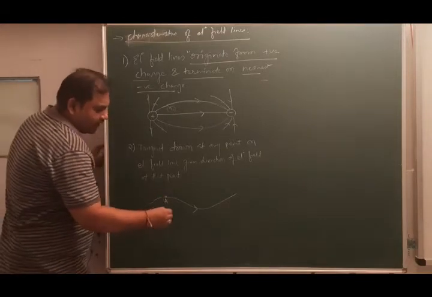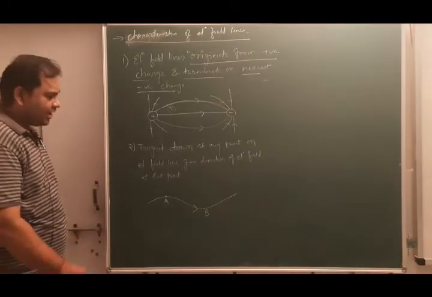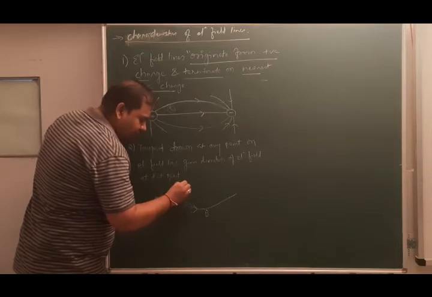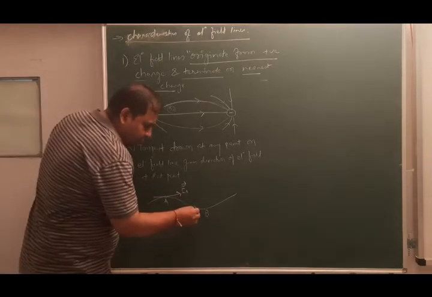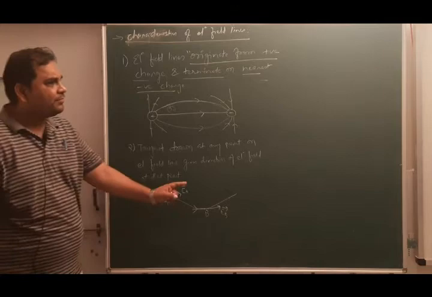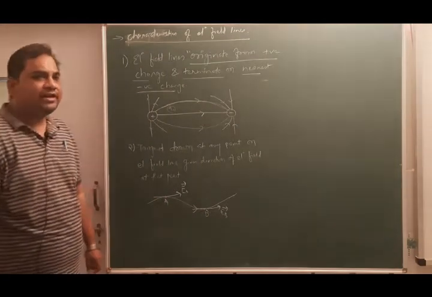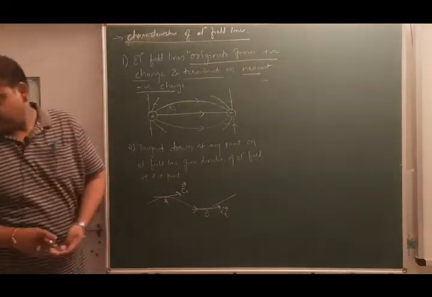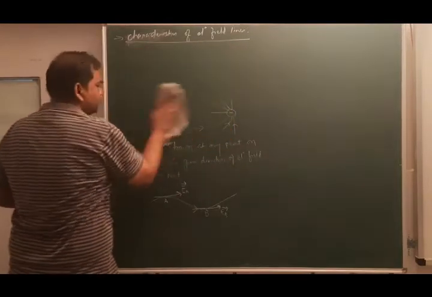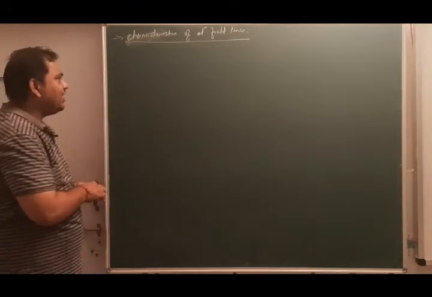If I have this point A and point B and I want to know the direction of electric field at point A, I will simply draw a tangent at point A. This will give me the direction of electric field at point A. If I draw a tangent at this point B, it will give me the direction there. So when you draw a tangent at any point on an electric field line, it gives you the direction of electric field at that particular point.